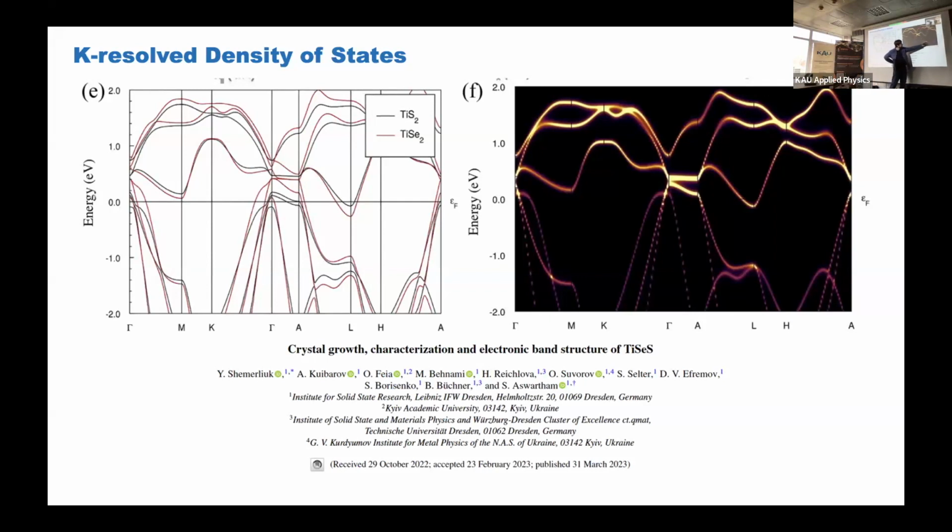But here you see it's some point where two bands go together, and we see a higher amount of states here. So it's very interesting. It's a very advanced instrument to analyze the electronic structure of our material.